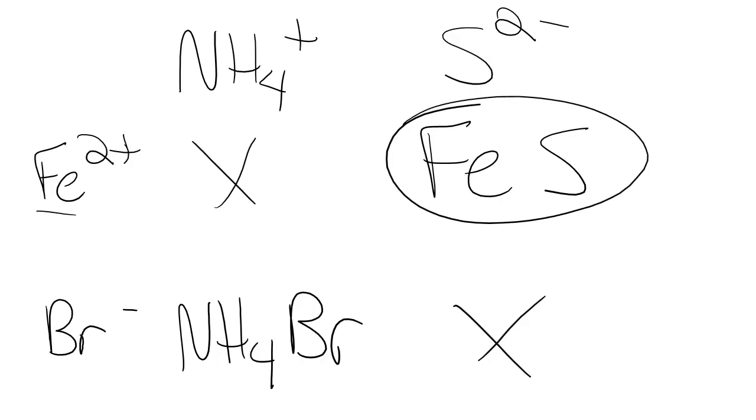So we will click yes. Then the next one we can look at is NH4Br. If we look at Br, it says generally soluble except with Ag, silver, mercury, or lead. So this is not going to form a precipitate. So if we do this reaction, a precipitate will fall out, and it would be FeS.